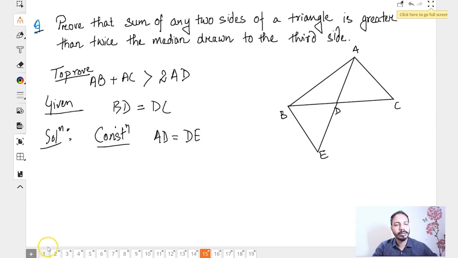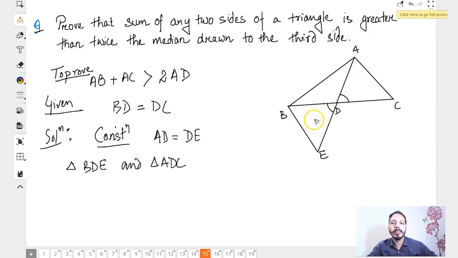Now in triangle BDE and triangle ADC, let's see what is happening. Since these two are straight lines, I can say this angle is equal to this angle because they are vertically opposite angles, right? So let me write angle BDE is equal to angle ADC. What else?